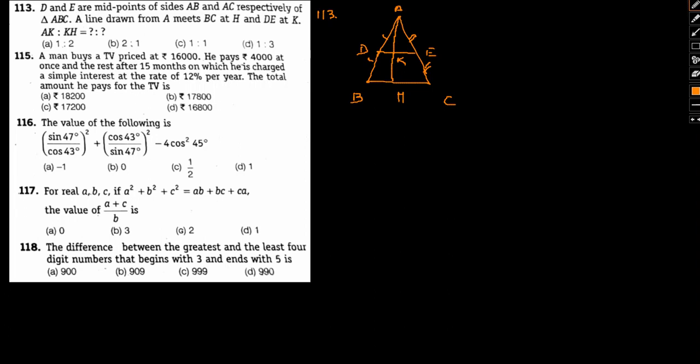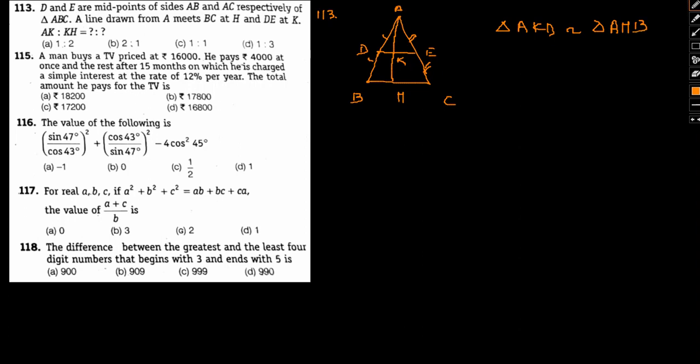So now, here if we see triangle ADE, no, ADE, hang on. Let's look at the triangle. Triangle AKD is similar to triangle AHB. The similar sort of triangles.